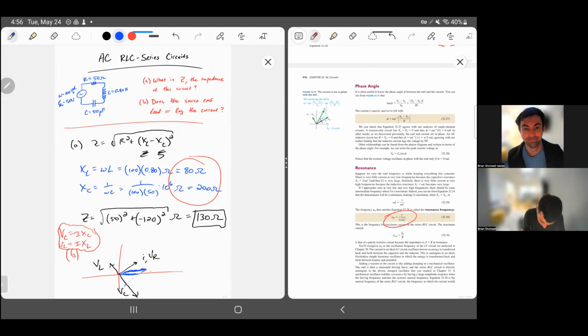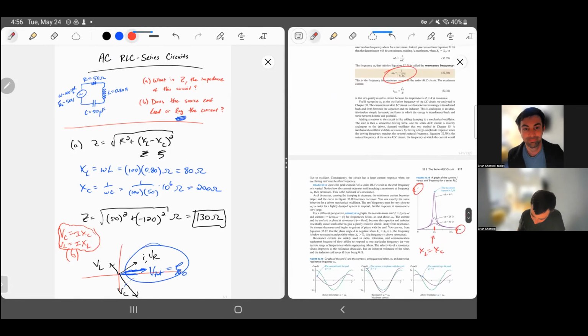So this is the V total, adding the three voltage phasors, which is also the source EMF, E0. And it looks like in this circuit, the source EMF is lagging the current. You can see how it's behind the current phasor. This is all due to the fact that V sub C is bigger than V sub L. The capacitive reactance is bigger than the inductive reactance.